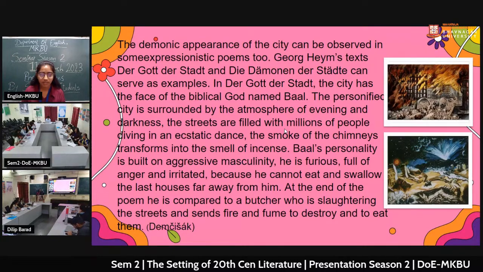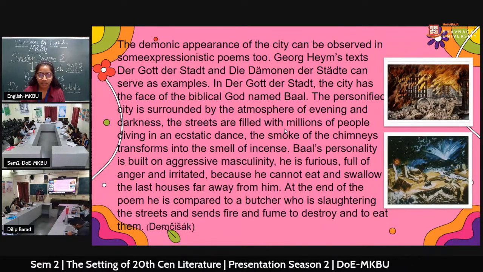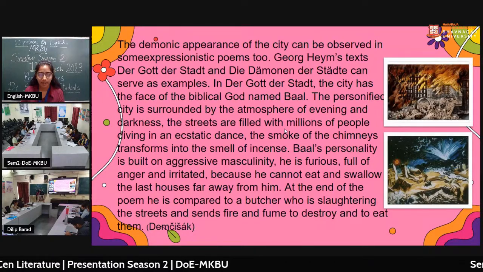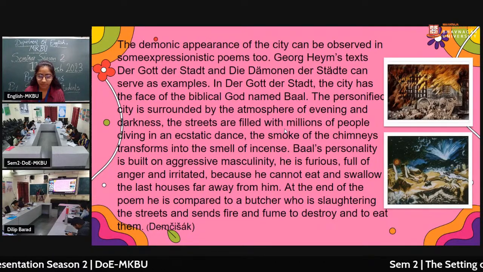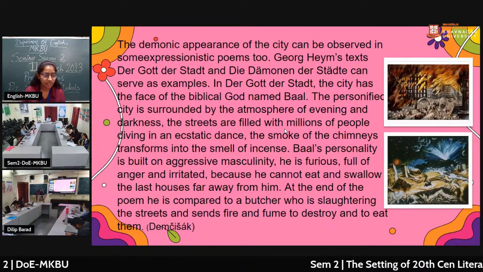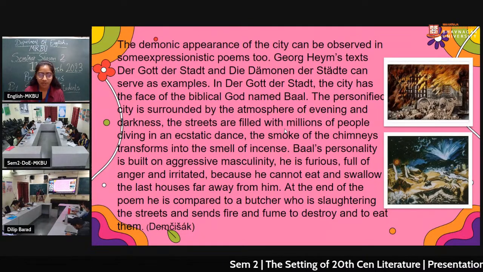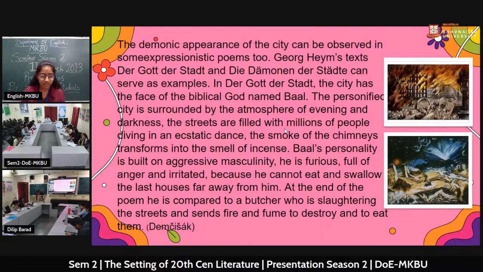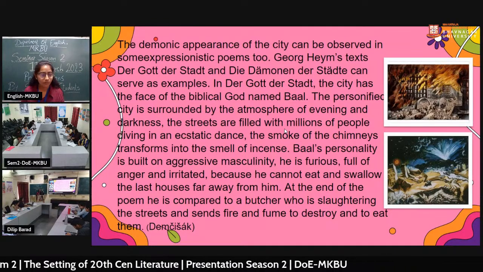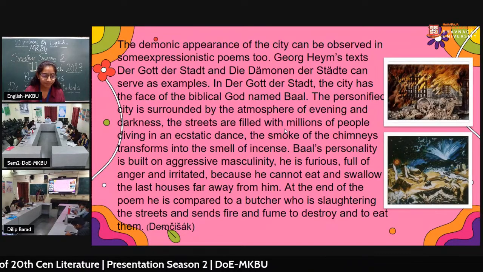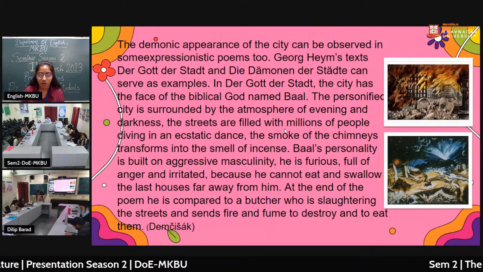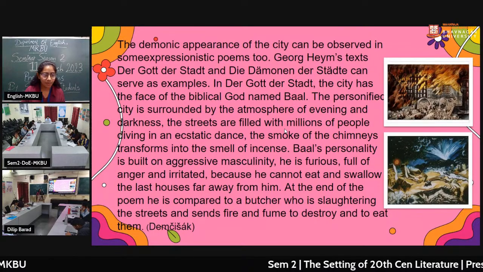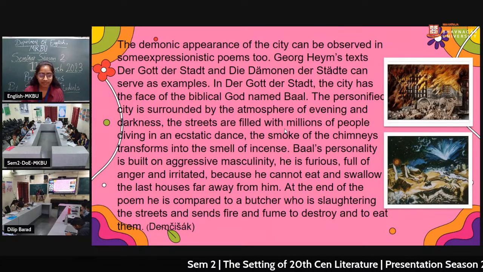In The God of the City, the city has the face of the biblical god named Baal. The personified city is surrounded by the atmosphere of evening and darkness. The streets are filled with millions of people diving in an ecstatic dance. The smoke of the chimneys transforms into the smell of incense.